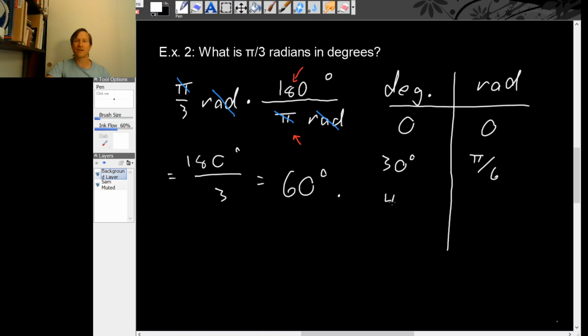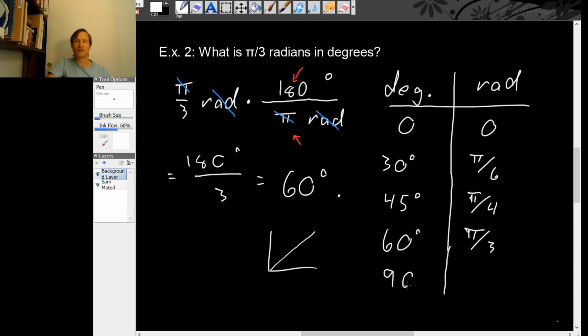The next one is 45 degrees. Right, that's 45 degrees splits a right angle like this. If you work through the same process to convert this to radians, you get pi over 4 radians. 60 degrees. And actually, we did this one too. We got pi over 3 radians.